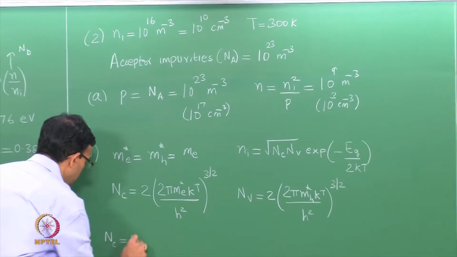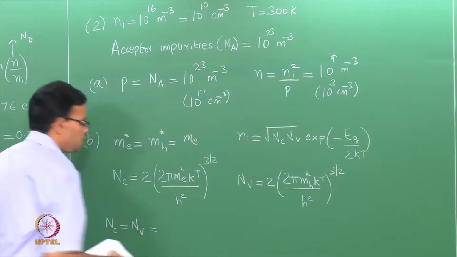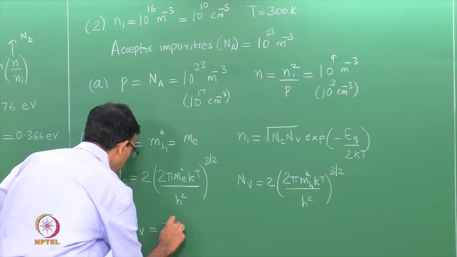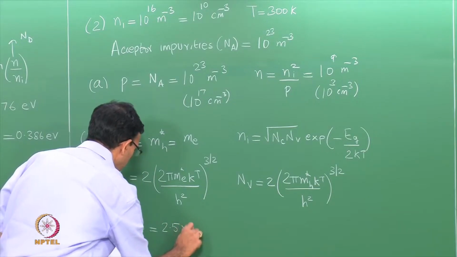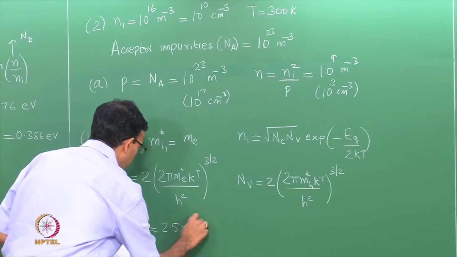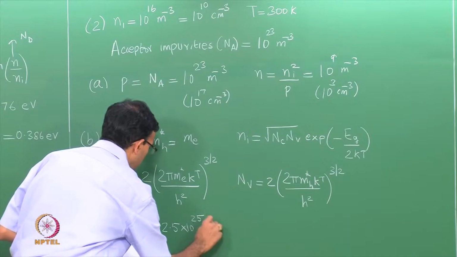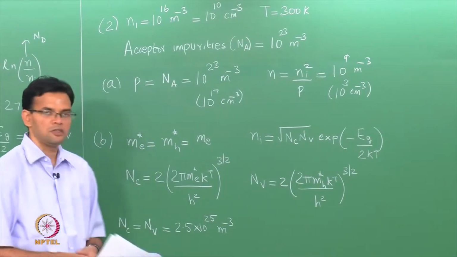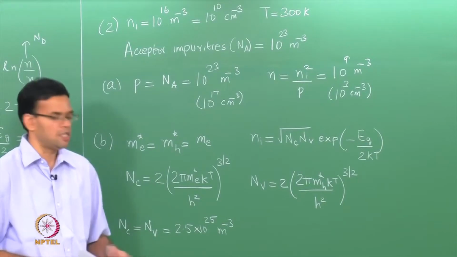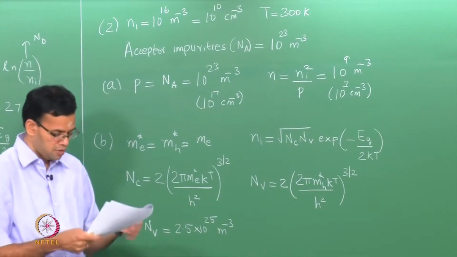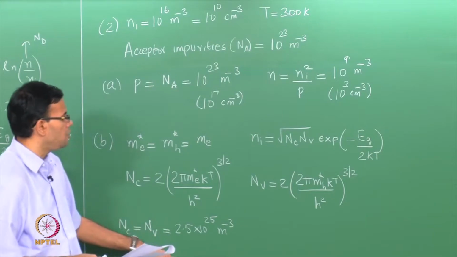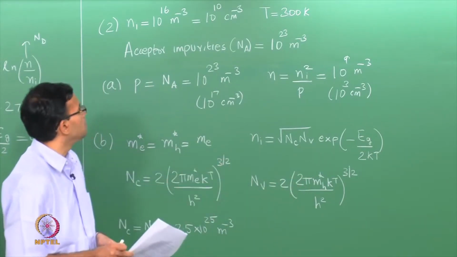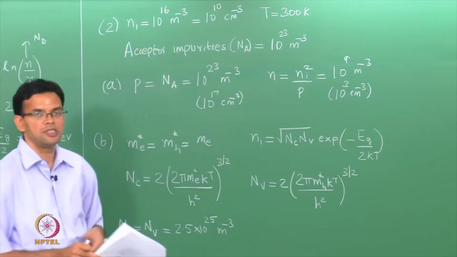So, Nc is equal to Nv and it is equal to 2.5 times 10 to the 25 per meter cube. You can convert this to centimeter cube as well, you will just have to divide by 10 to the 6. So, now we know the values of Nc and Nv. Ni is known, Ni is given to be 10 to the 16.